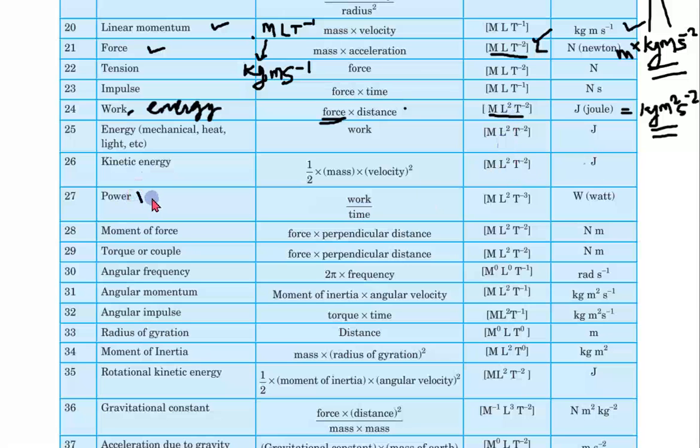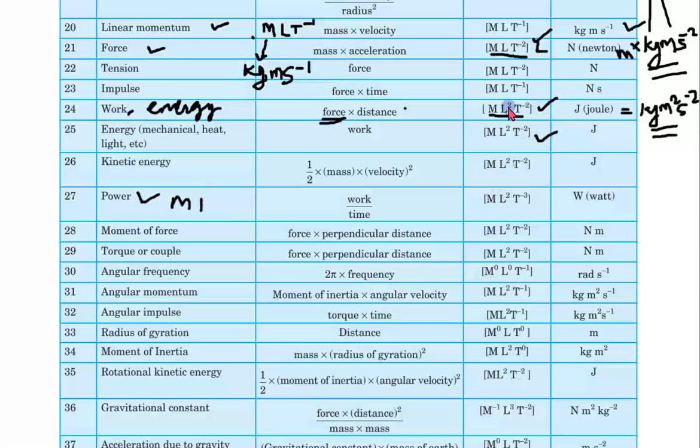So on power: power is work done by time, and work done is energy by time. That means this will be divided by time. What is work done?